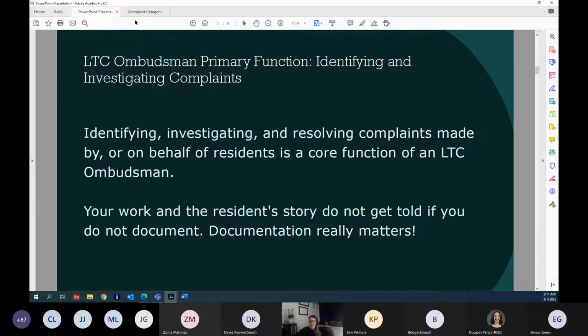And importantly, not only do we need to identify complaints, but we need to be able to show our work through documentation. We know you're out there working so hard and doing great work, and we know that long-term care residents face significant challenges. But we cannot share this story if we don't have documentation to show the reality of what life is like for residents of nursing and assisted living facilities.